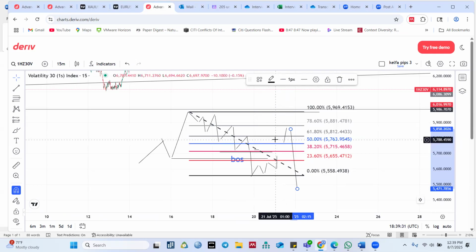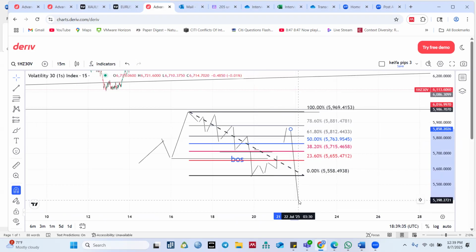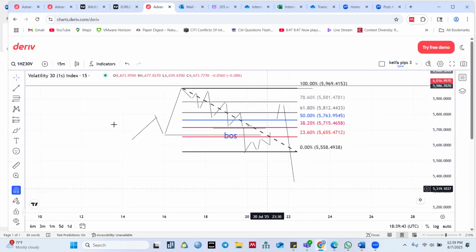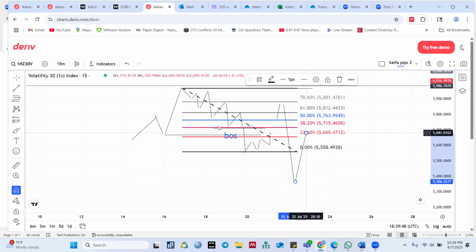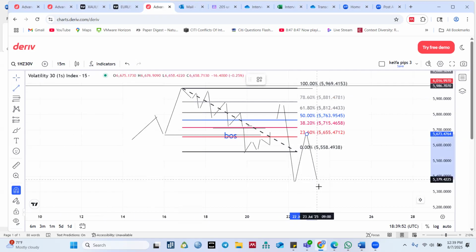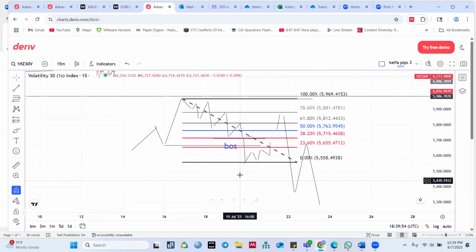But once you sell and it does not give us a new low, it is this second break of structure that will confirm the bearish movement. So many people will wait for this second break, and then on the next push they will enter their sell trades. That is being on the safer side.